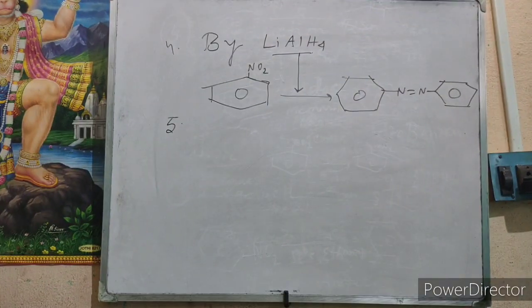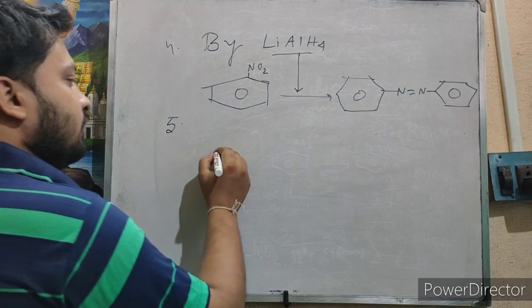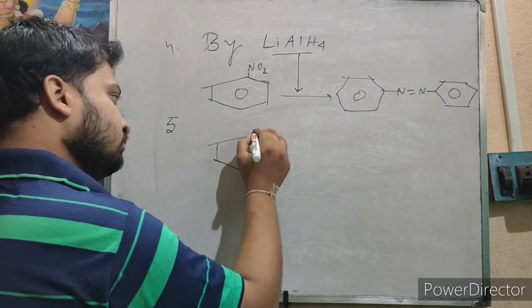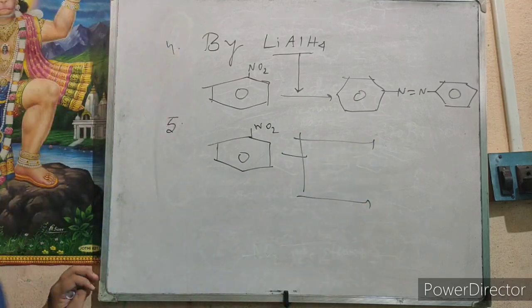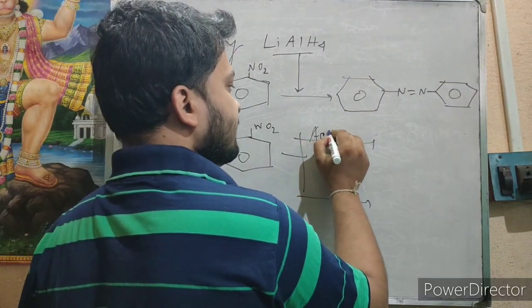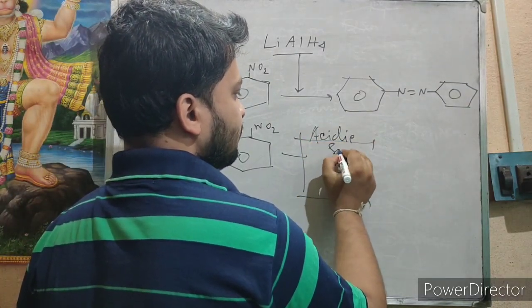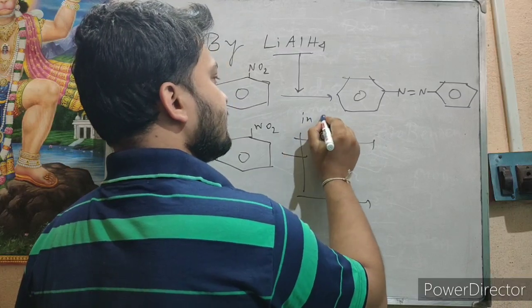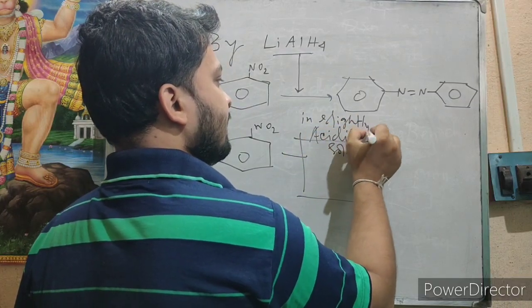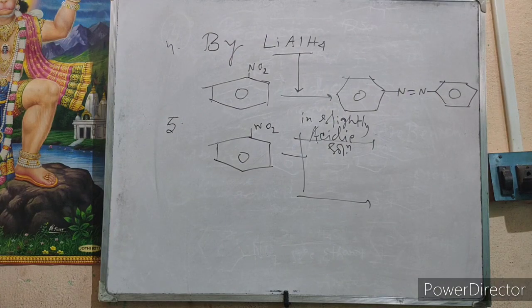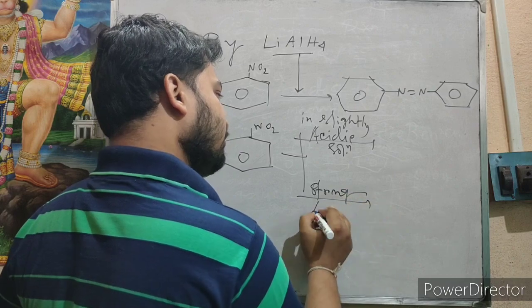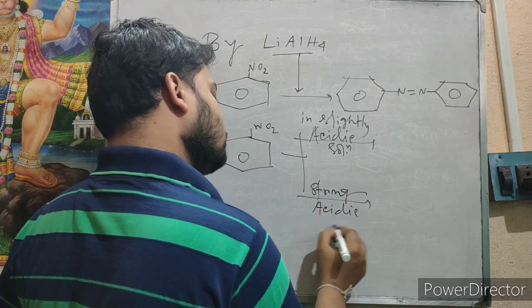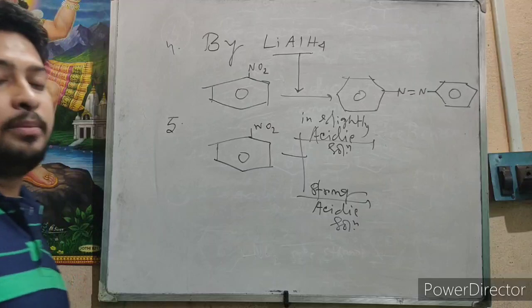Fifth important chemical reaction: if you have nitrobenzene in slightly acidic solution and in strong acidic solution, the product will be different.